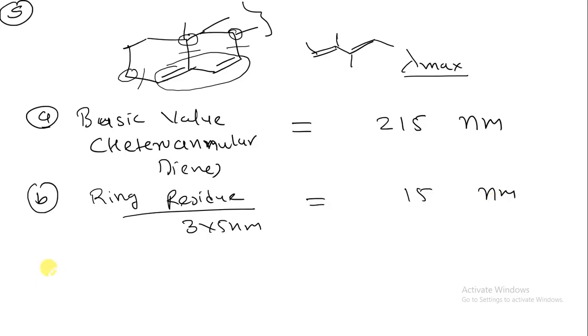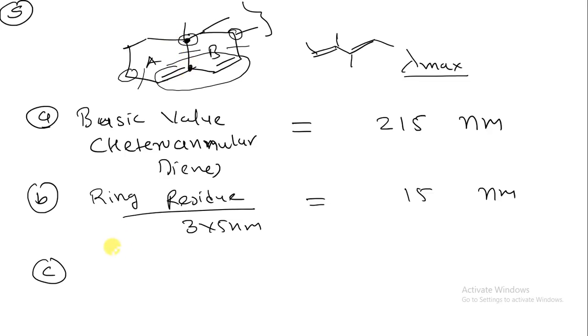Now next one, that is the exocyclic double bond. For the exocyclic double bond, I have to consider ring A and ring B. I have to close ring A, then I have to see whether any double bond is present on this carbon atom. There is no double bond over here, there is no double bond over here. So I have to close ring B. If I close ring B, there is no double bond over here, there is one double bond over here.